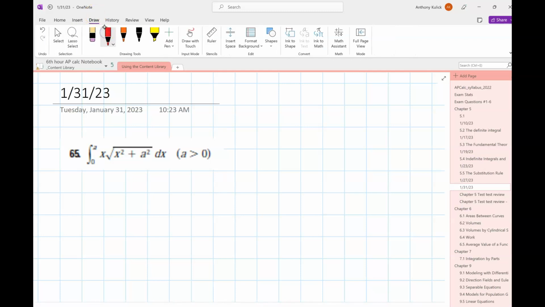So this is the definite integral from 0 to a of x times the square root of x squared plus a squared, where a is greater than 0. Why are they giving this a is greater than 0 piece? Well, you're squaring a anyway, so that's always going to be positive. Never mind, it's not.